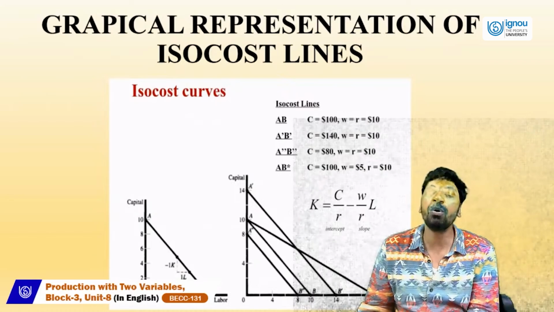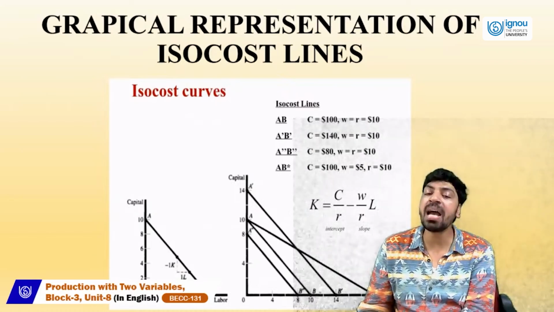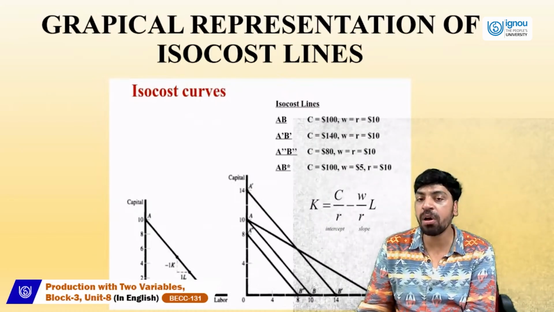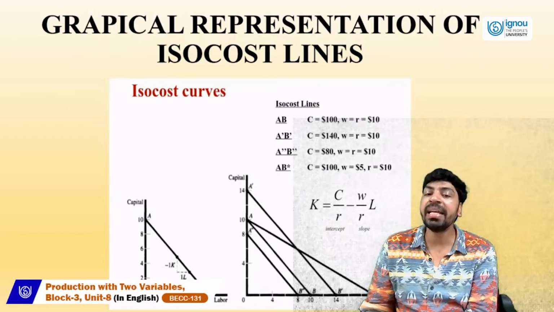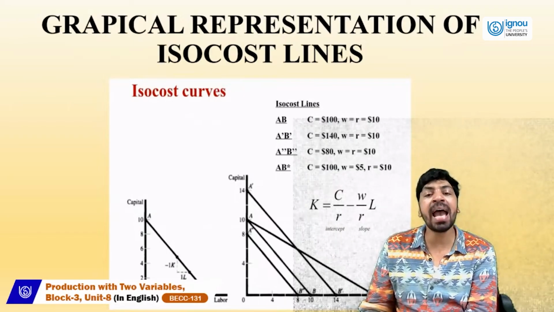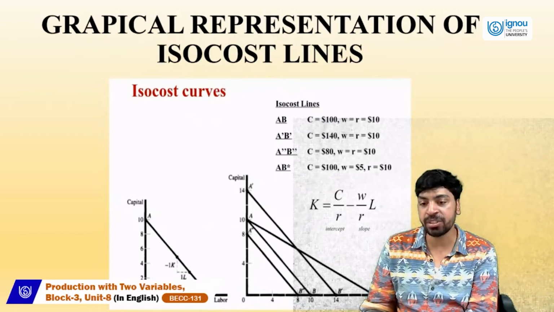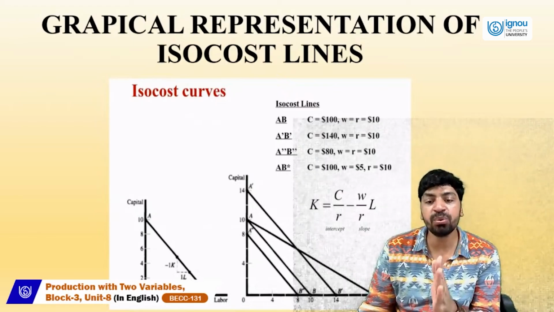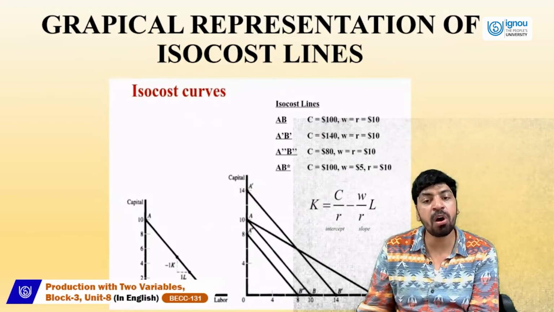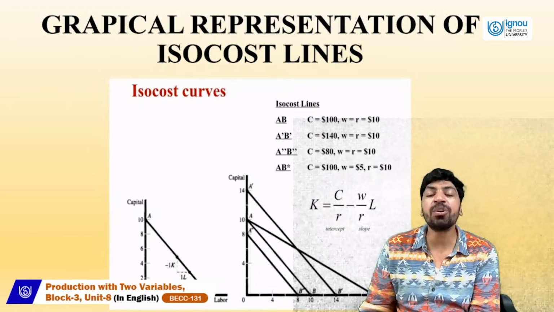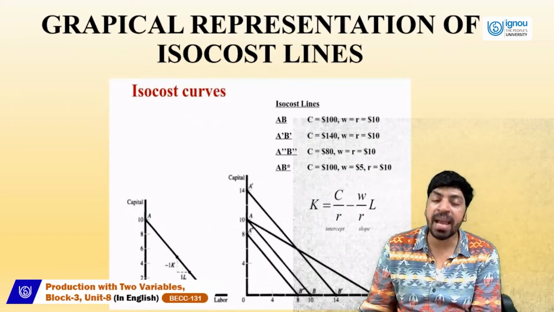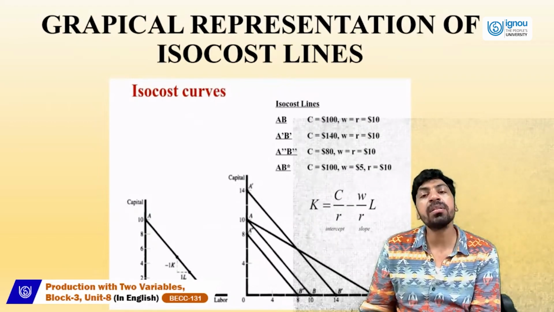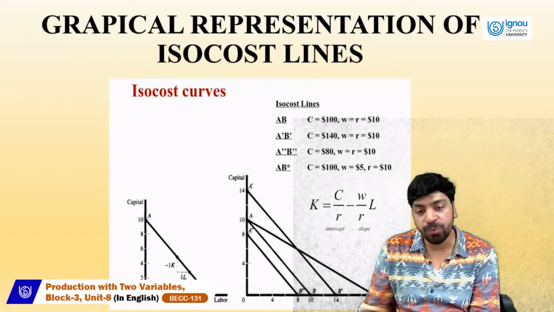So this is the overview where three isocost lines have been drawn, that is AB, A dash B dash, and A dash dash B dash dash. If there is any decrease in the prices, the isocost line shifts rightward.